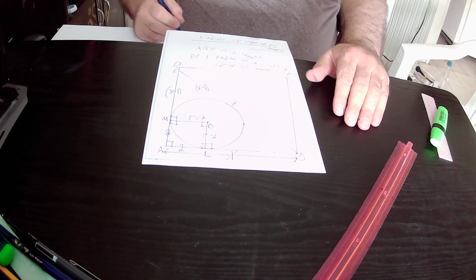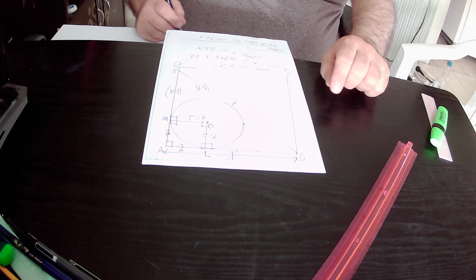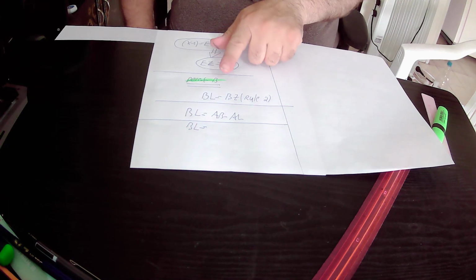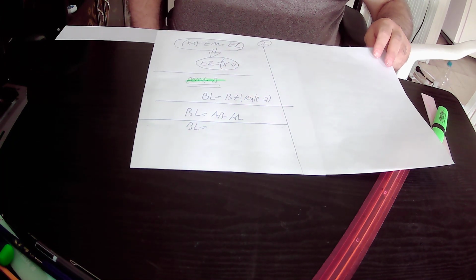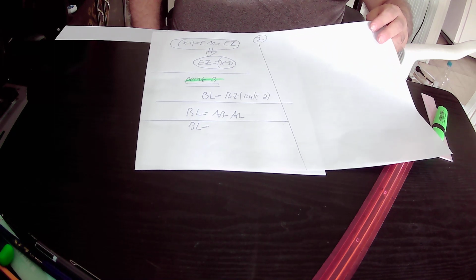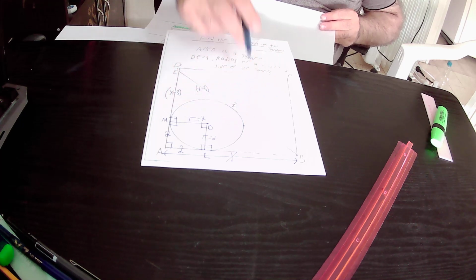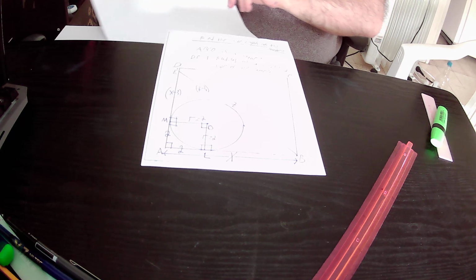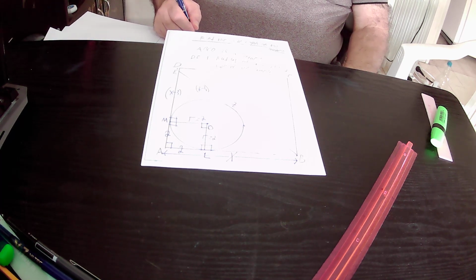I'll repeat again, BL equals AB minus AL. According to our definition, AB equals x, this is the side length of the square, so we substitute AB by x minus AL.